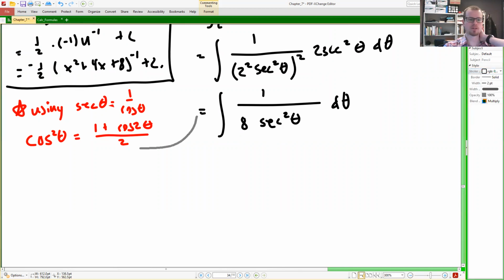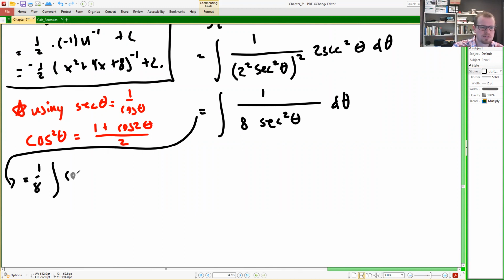So I'm going to bring this work down over here so we can work across, and then we should have enough room. So this is equal to 1/8 times the integral of cosine squared theta, because secant is 1 over cosine. So division by a fraction is multiplication by the reciprocal. Pull the 1/8 out, multiply by 1 over 1 times cosine squared theta.